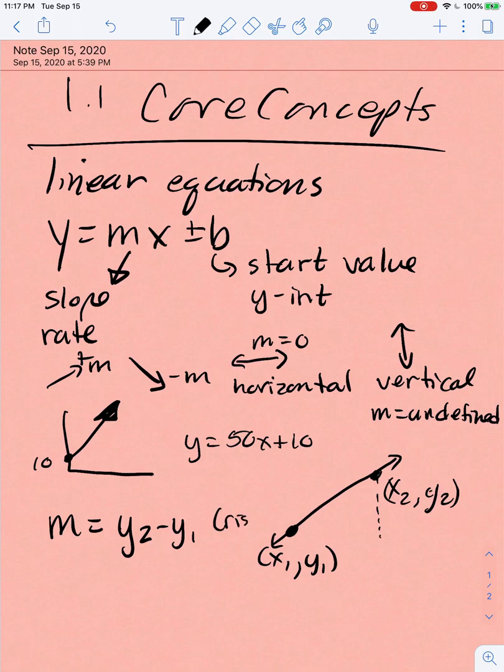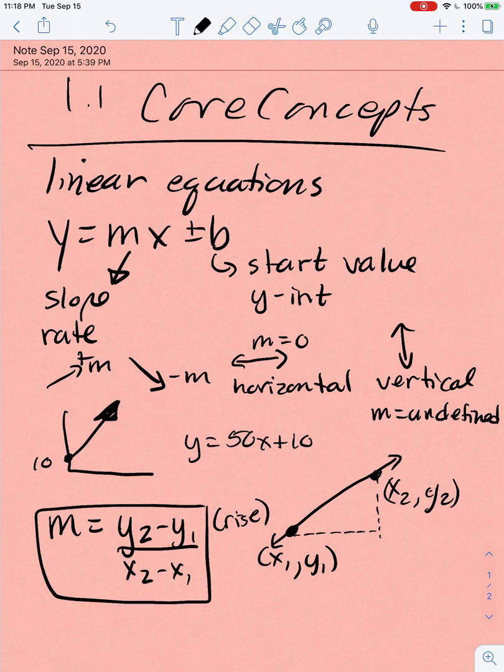So if you remember rise over run, then you're also going to figure out how far over it goes. And that you're going to figure out by the change in x, so you would take x2 minus x1. So all of this we've done before, but these are some core concepts that we want to be able to use.